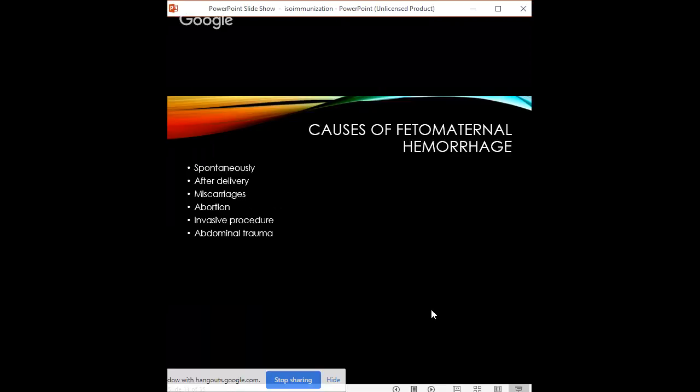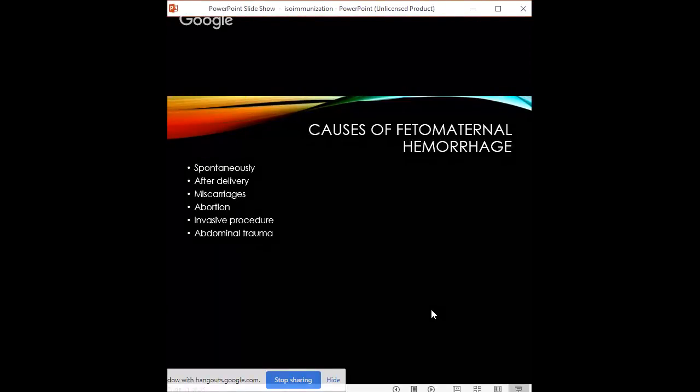It can also occur after miscarriages, abortion, and invasive procedures, and these invasive procedures include cesarean section, instrumental deliveries, as well as your external cephalic version, and also after abdominal trauma.